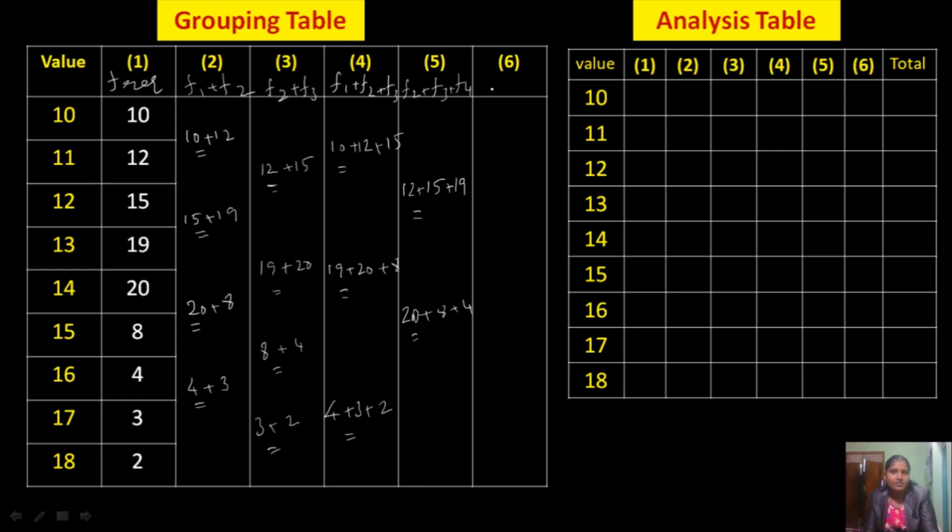Under column 6, leave the first two frequencies and add the remaining frequencies in threes, that is F3 plus F4 plus F5. That is 15 plus 19 plus 20. Then 8 plus 4 plus 3.